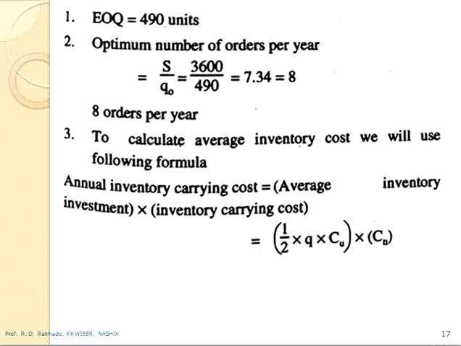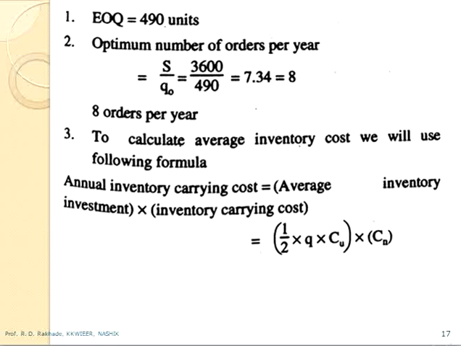Then optimum number of orders per year is S upon Q0, 3600 divided by 490. So 8 is the answer, meaning the optimum number of orders per year is 8.